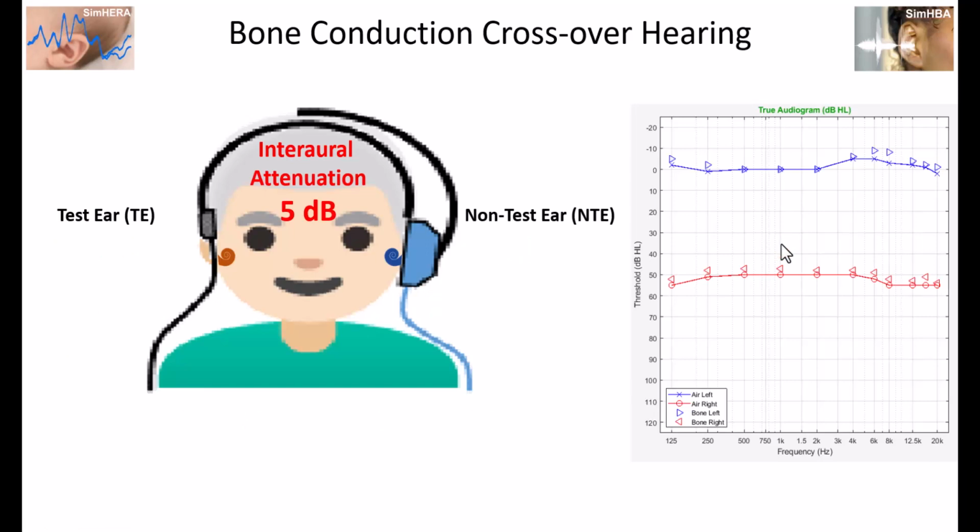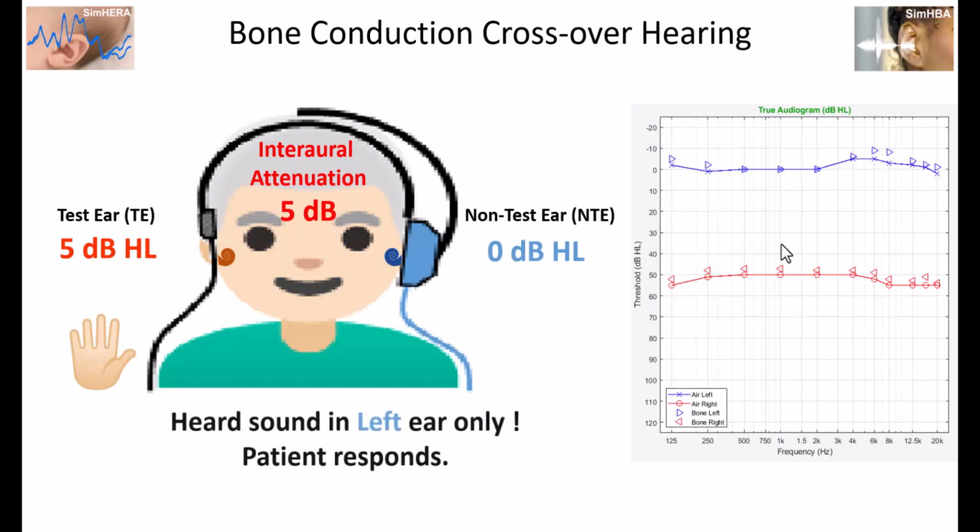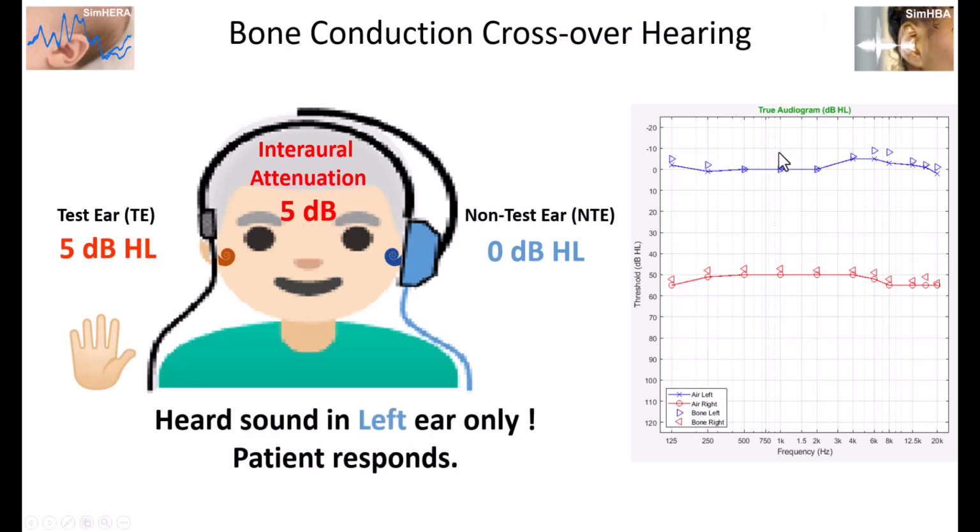So because there is so little interaural attenuation, we could even go down 5 dB HL and still get a response from this patient because that is at their 0 dB hearing level that we have here. So the patient responds because they're hearing it in their left ear due to that crossover. So essentially, we really need to put in masking noise when we're doing bone conduction.